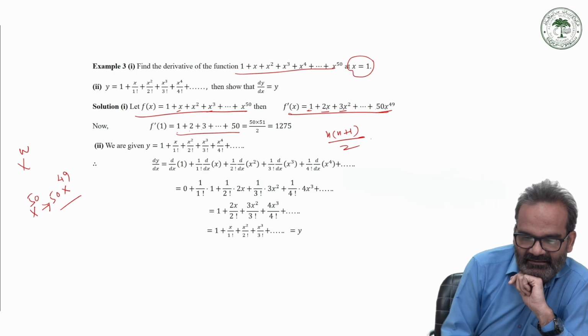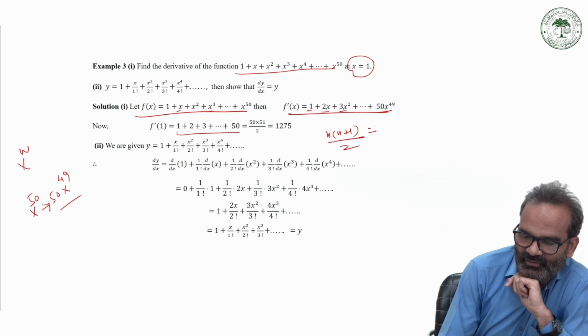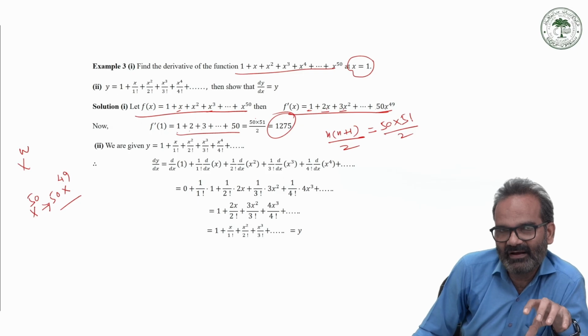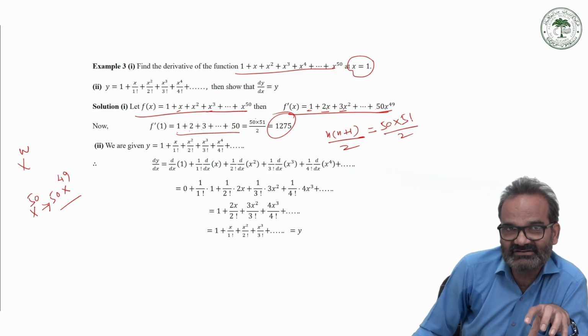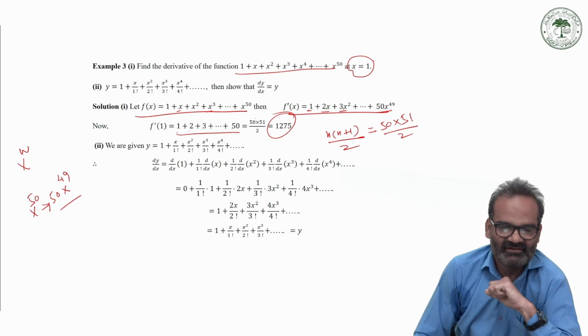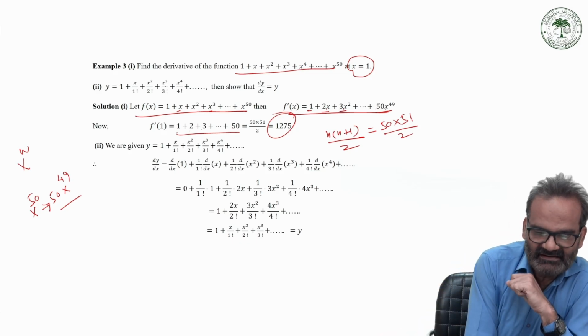What is n here? n here is 50. So the formula gives 50 into 51 divided by 2. Simplify it, you will get 1275. So the value of the derivative of the function at x equals 1 comes out to be 1275.